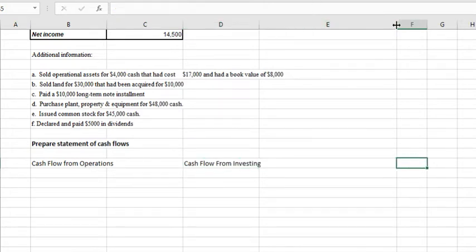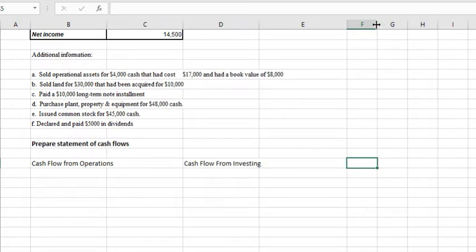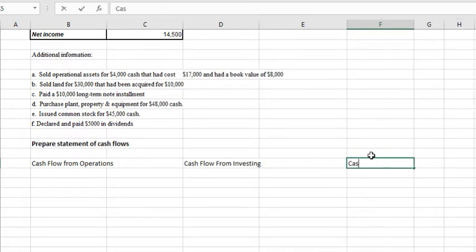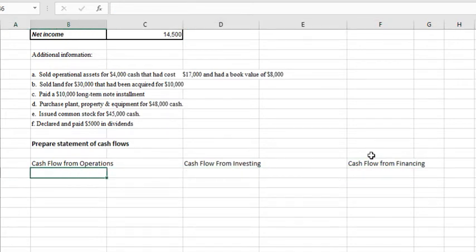And then we are going to have cash flow from financing. And we are going to analyze each piece, and we are going to start making reconciliations at the end of the video series.